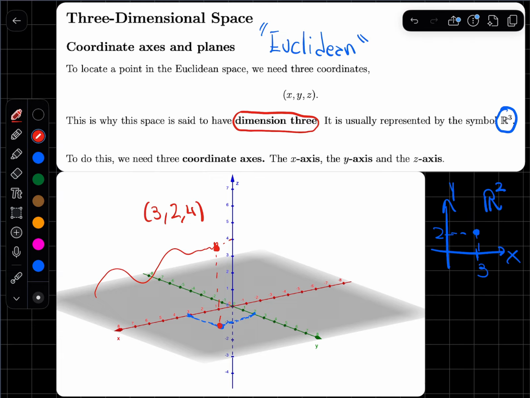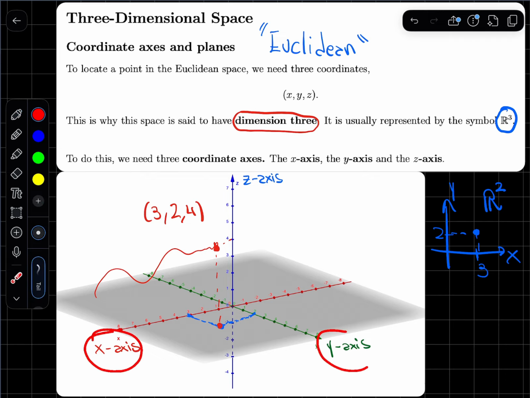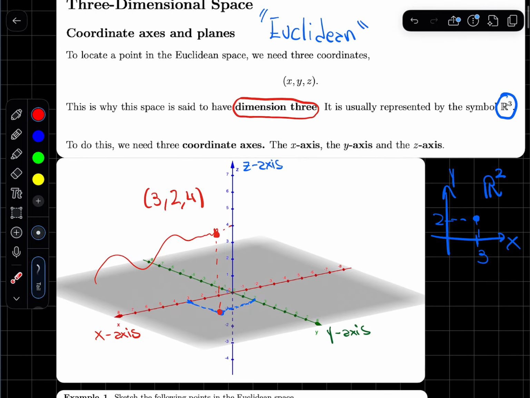And we're also going to name the 3 axes. So this is the x-axis, this is the y-axis, and this blue is the z-axis, okay? So these names are important for you to remember, but I don't think they're very difficult to remember because they work just like they do in 2D, in 2 dimensions.